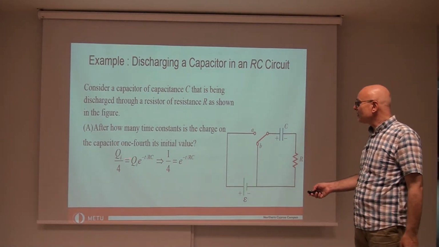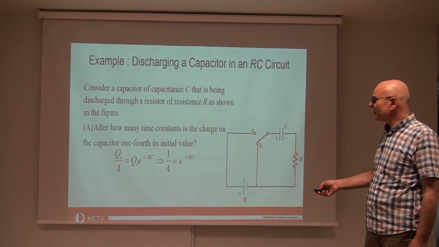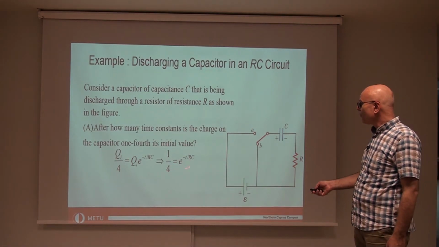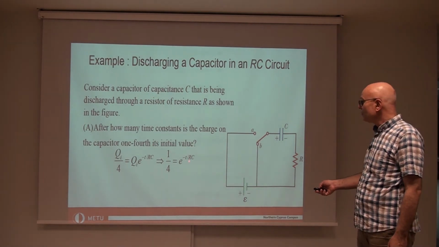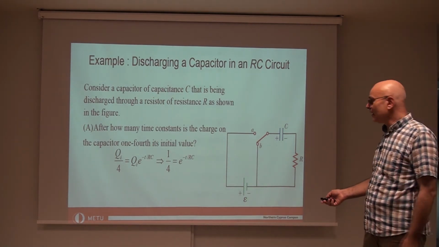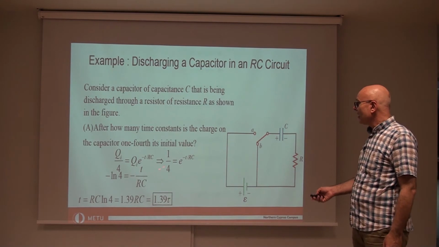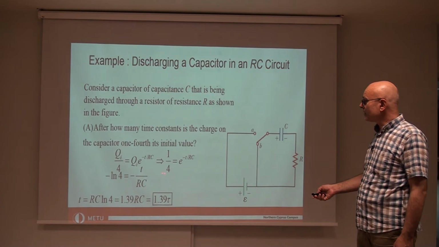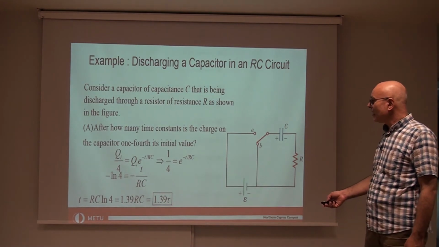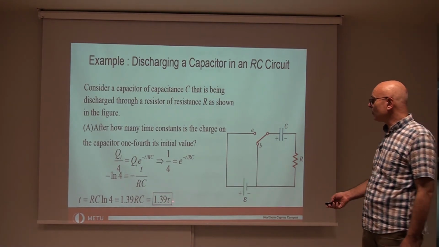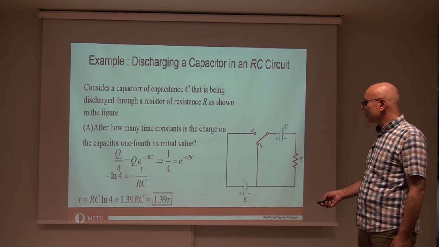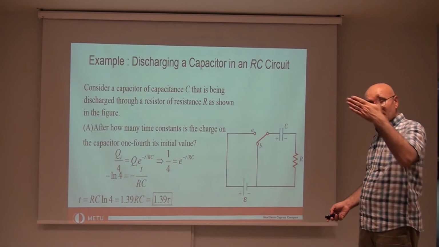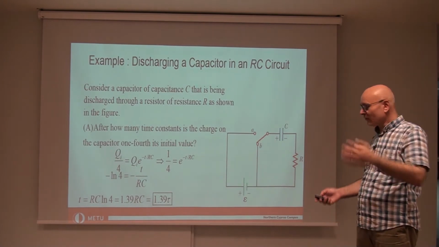You just cancel Q initial out, so 1/4 equals e to the minus t over RC. To solve for t, you take the ln of both sides. ln of 1 is 0, so minus ln 4 equals minus t over RC. If you solve for t, you get 1.39 RC, okay? So after 1.39 RCs, the charge will drop to 1/4 of its value.